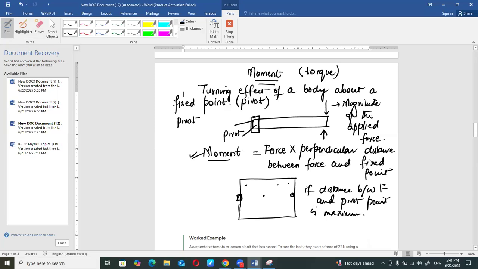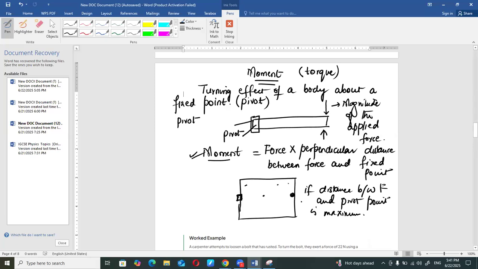That's why we always put the handle at a maximum distance from the fixed point. You never put the handle here. That's the first point. If the distance between force and pivot is maximum, the moment will be maximum.